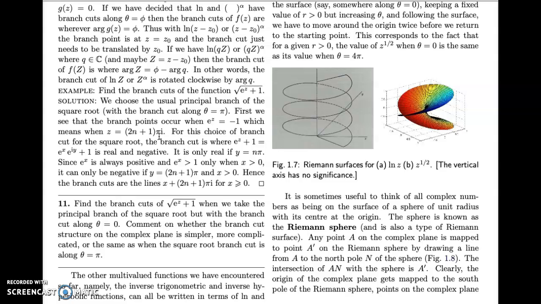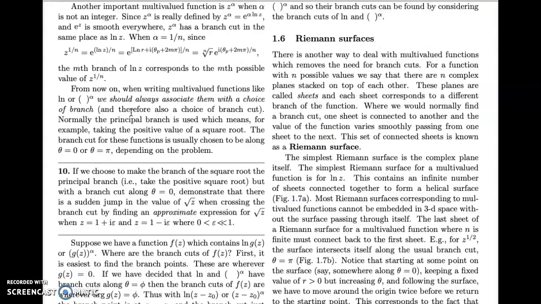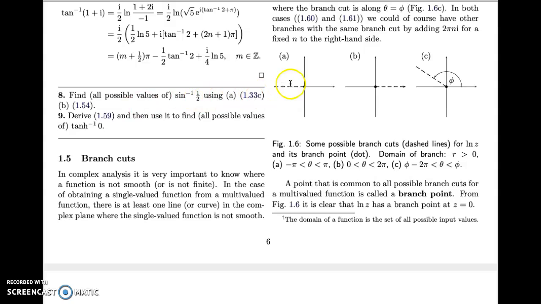Next, we want to find out where the branch cut is, or rather there will be more than one branch cut. Remember that from every branch point there must be a branch cut. We've said that we're using the usual principal branch of the square root. This basically means that if we just had the square root, then the branch cut would look like this.